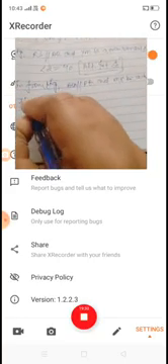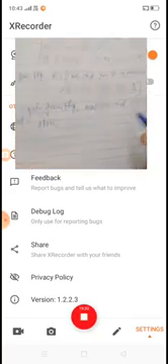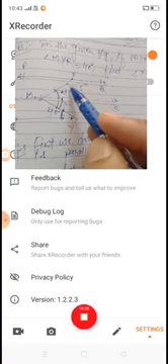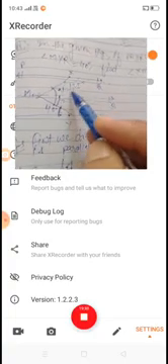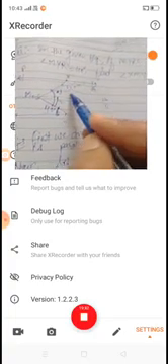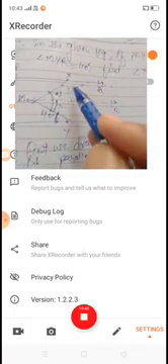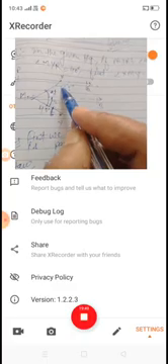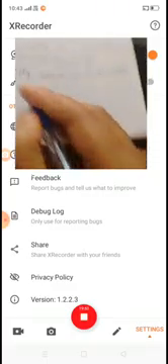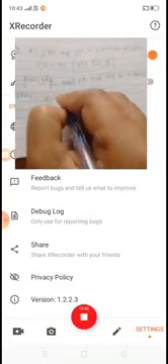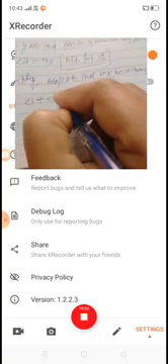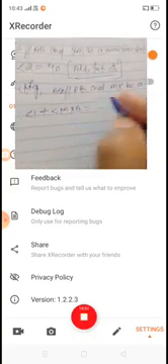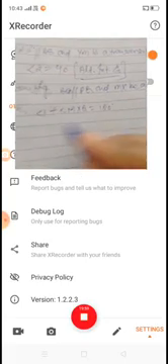Then we know that angle 1 and angle MXQ, that is 135 degrees, are consecutive interior angles, and the sum of consecutive interior angles is 180. So angle 1 plus angle MXQ is equal to 180 degrees.